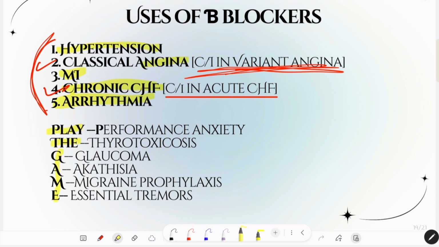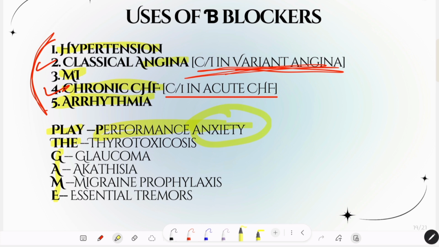Here P stands for performance anxiety or anxiety. We can use beta blockers in anxiety. In anxiety, there are symptoms such as tremors, palpitation, nervousness, etc. If we block the beta receptor, that will lead to decrease in tremor and palpitation. So we can use beta blocker in performance anxiety.